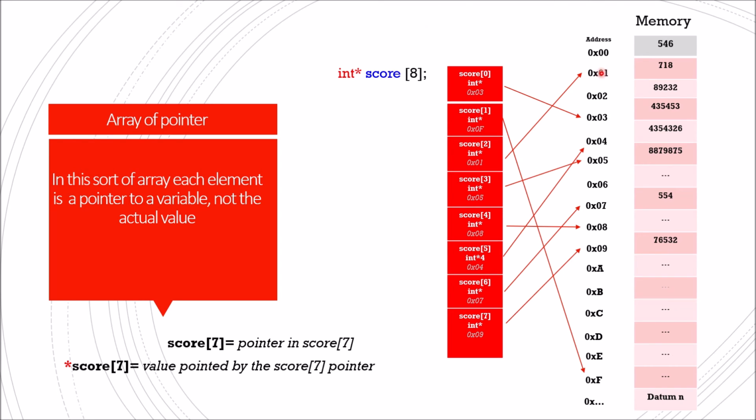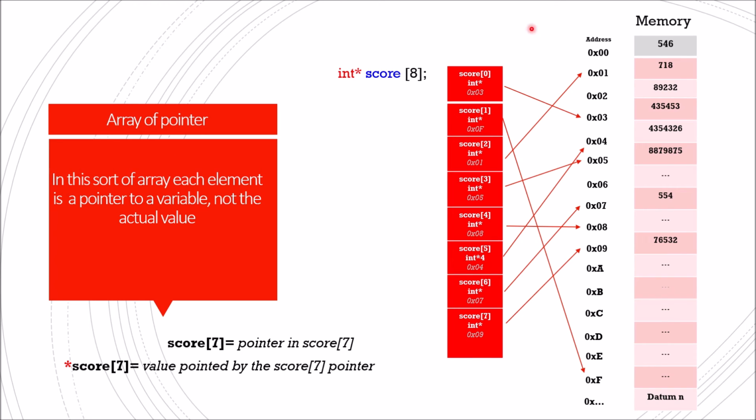Here it's the pointer to the actual value, the address 03. So we're going to go to 03 and find the actual value there. The same for all of the others: 05, and this value, and so on. This is what this array of pointers actually means: not the actual values, but pointers to the actual address in which the actual value is. So remember that you will have to use the dereference operator to get the actual value.